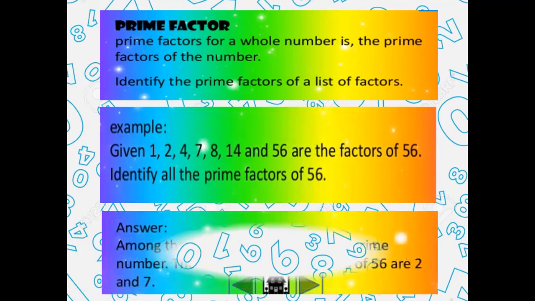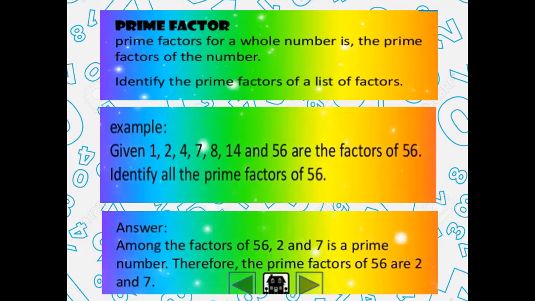So among the factors of 56, okay, if you can see, we have 1, 2, 4, 7, 8, 14, and then 56. At least we have 7 factors that we can divide 56 by accurately. But then we're going to find the prime factors. So among these numbers, only 2 and 7 are prime factors because 1 is not a prime number. 4 is an even number.